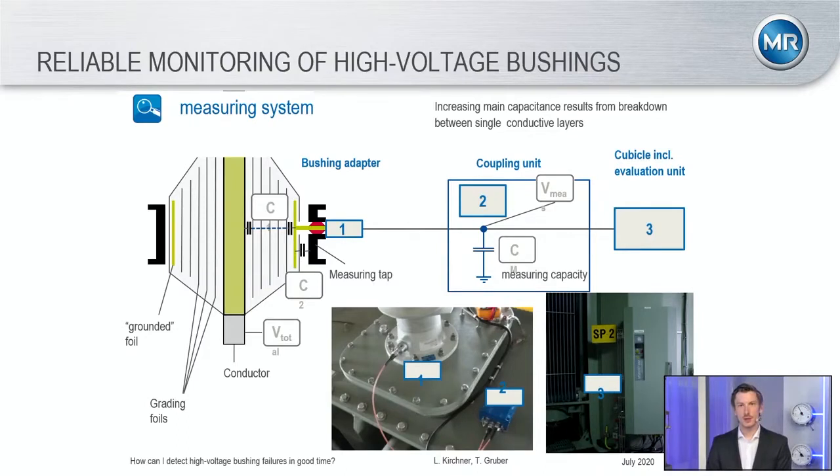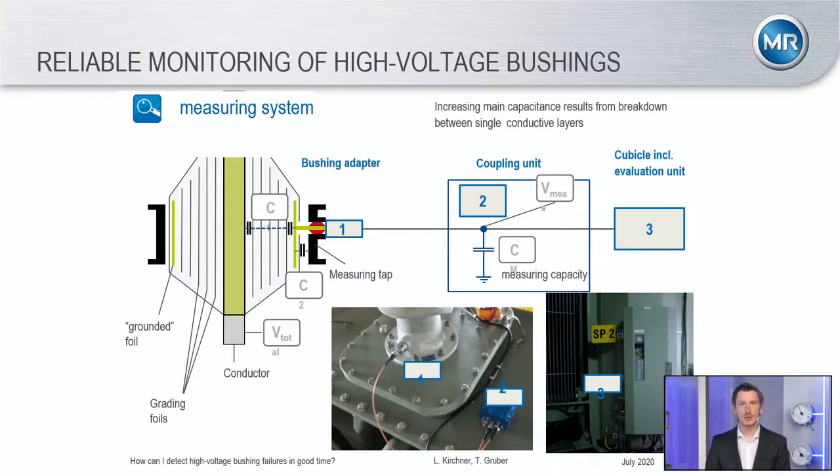The bushing adapter then contacts the last foil, and you will have a coupling unit with the perfectly chosen measuring capacity, and there you then have a capacitance divider. That means from C1 to Cm, from the main capacitance to the measuring capacitance, and then you measure a voltage that is between 60 and 100 volts, something that you can measure and also monitor.